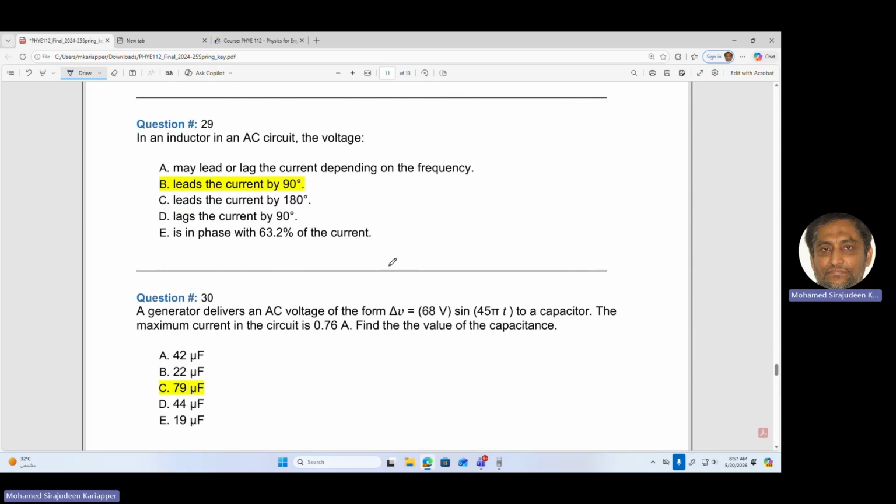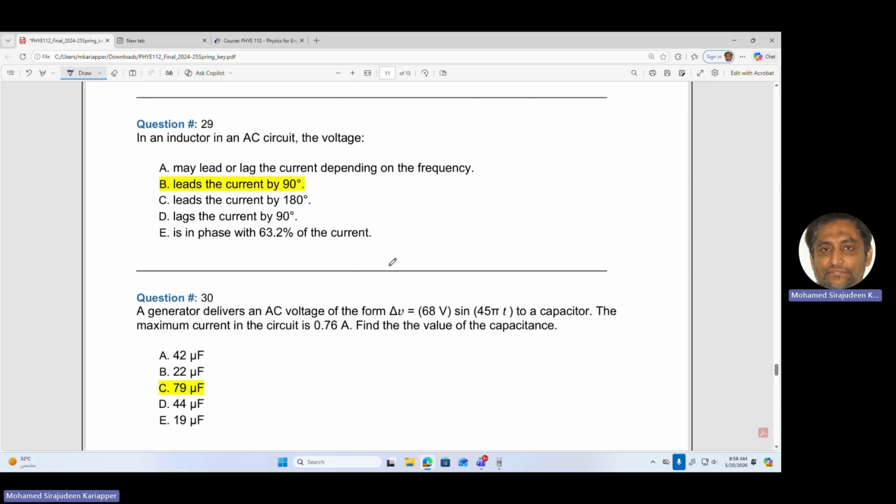Question 29. In an inductor in an AC circuit, these are the things that you need to remember; they will not be in the formula sheet. The voltage across the inductor will be leading the current by 90 degrees. What about the capacitor?